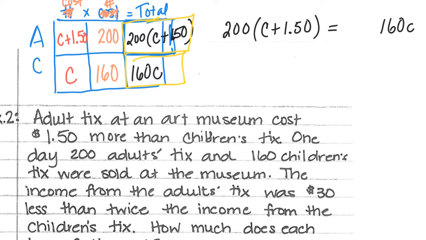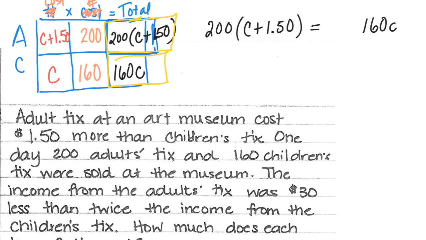You just told me. Minus 30. So I'm going to move this over just a hair so we can see. Minus 30 I need right here. It says the adult income was 30 less than twice the income from the children's. So what do I have to do with all of the children's income? Multiply it by 2.